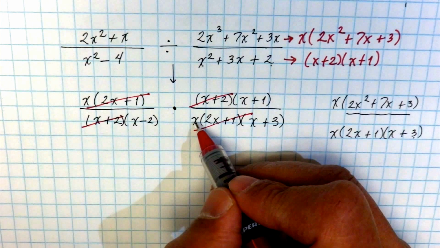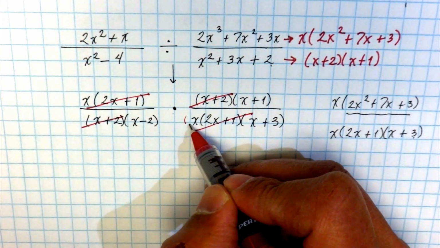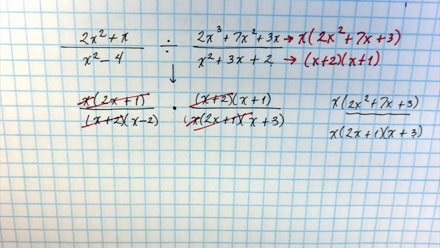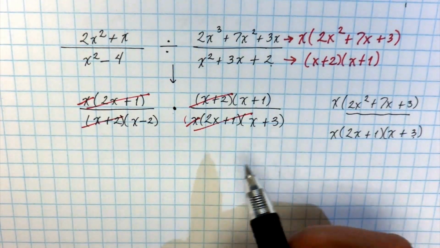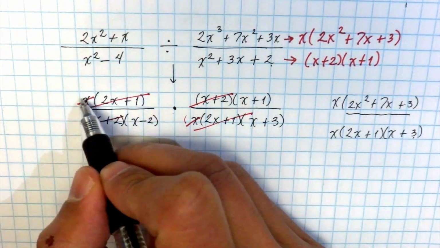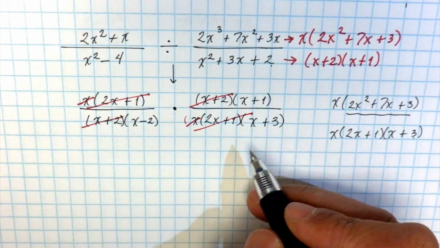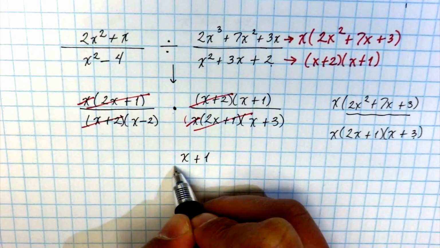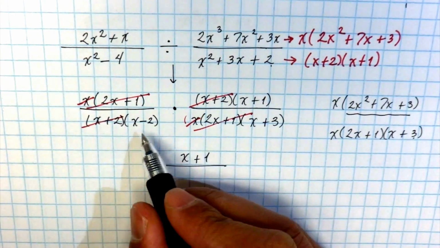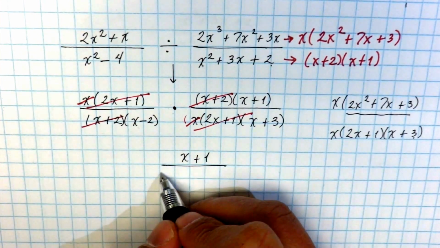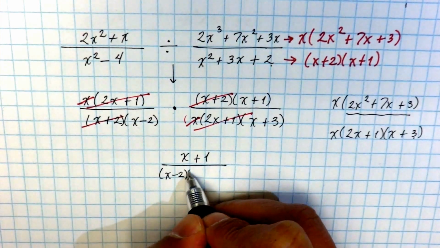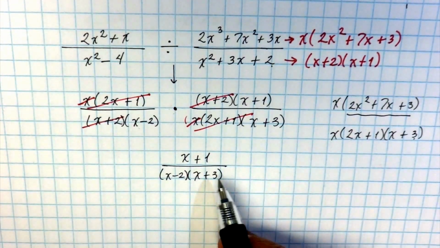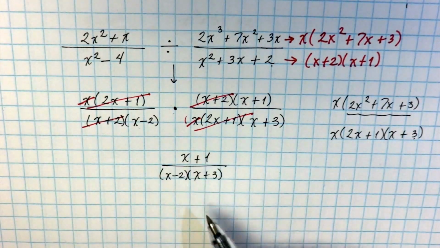Also, you notice this x here on the outside, it's a monomial, and it simplifies with the x. So what am I left with? All of these are 1s. You're left with x plus 1 on the numerator. On the denominator, we have x minus 2 times x plus 3. You just want to leave them in factored form.